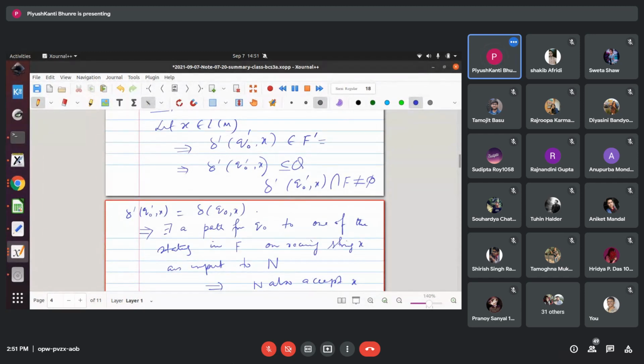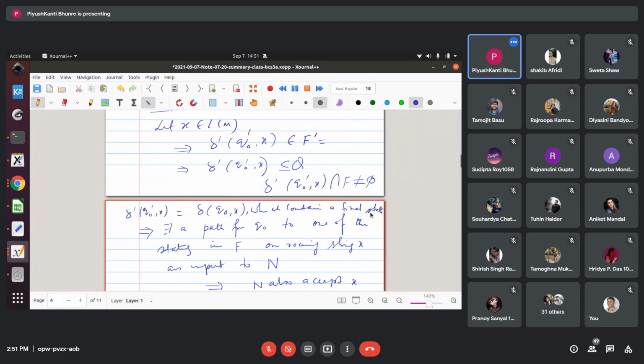So that means it has an intersection with F which is non-empty. So if I take the intersection, that means there is a final state, which contains a final state.